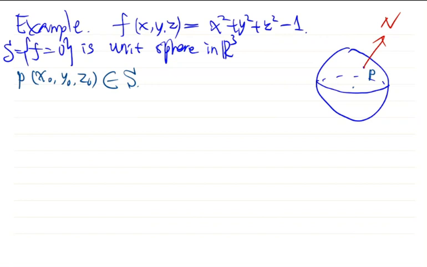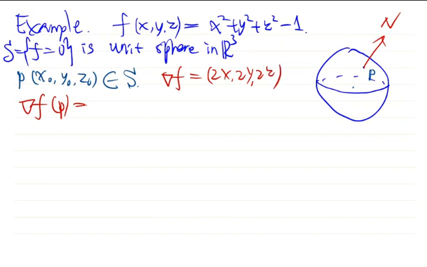Let's see what this is. The gradient of f is 2x, 2y, 2z. Therefore, at the point P, this is 2x0, 2y0, 2z0, twice the position vector.